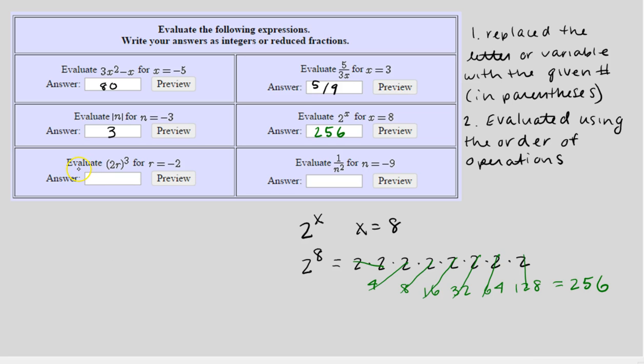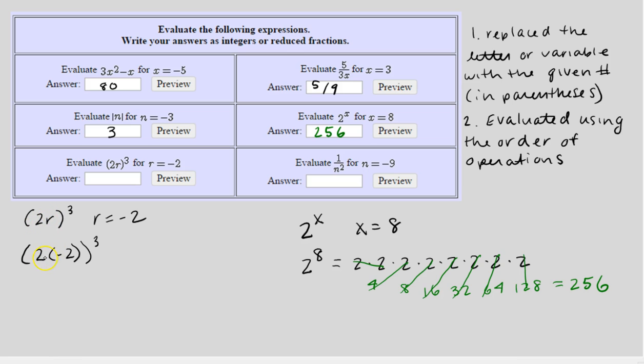Let's look at our next one. Evaluate 2r in parentheses raised to the third power for r equals -2. So first I'm going to replace r with -2, and I'm going to put it in parentheses. Okay, and this may look a little bit messy, but remember this is 2 times r.